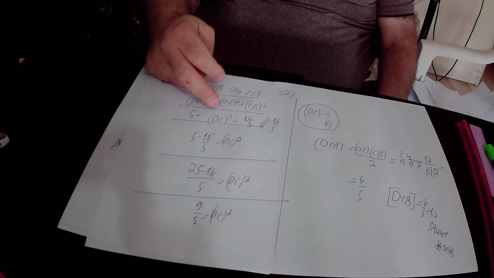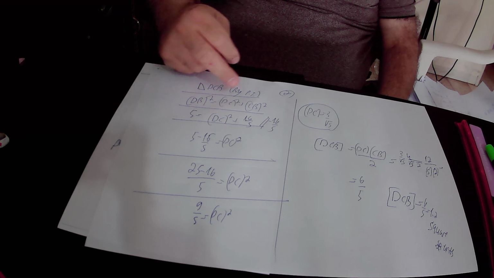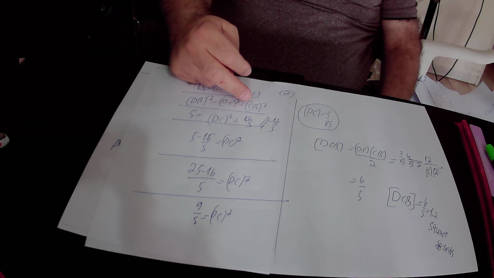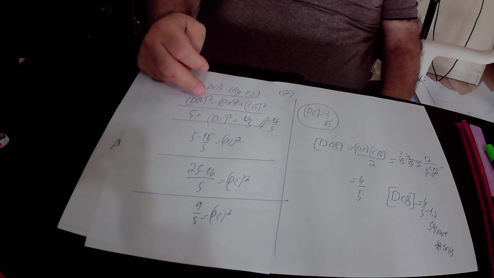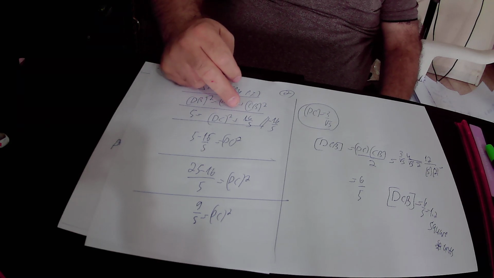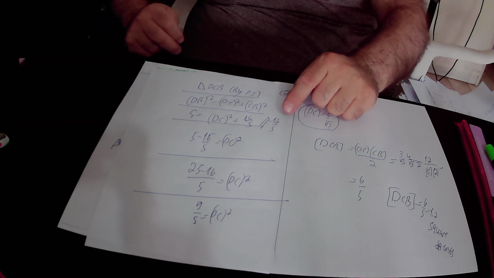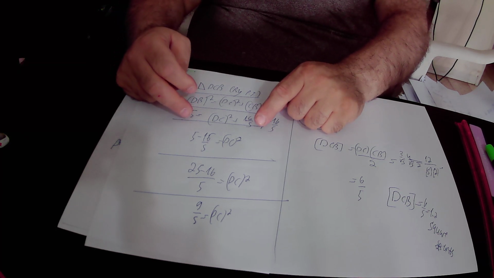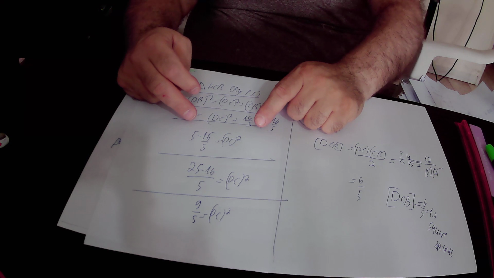DC is the missing line segment, so we leave it as it is. CB square is 4 over square root of 5 squared, that is 16 over 5. So we find that 5 equals DC square plus 16 fifths. We subtract 16 fifths and find that DC square equals 5 minus 16 fifths.